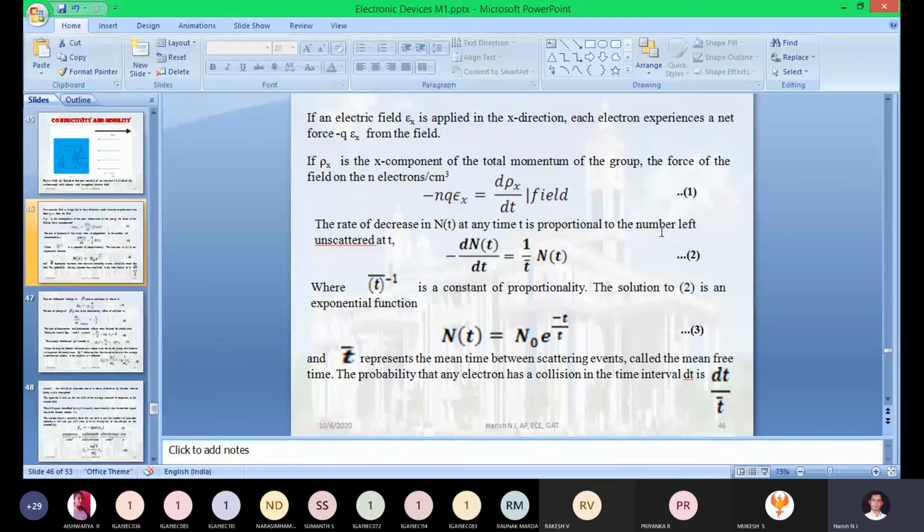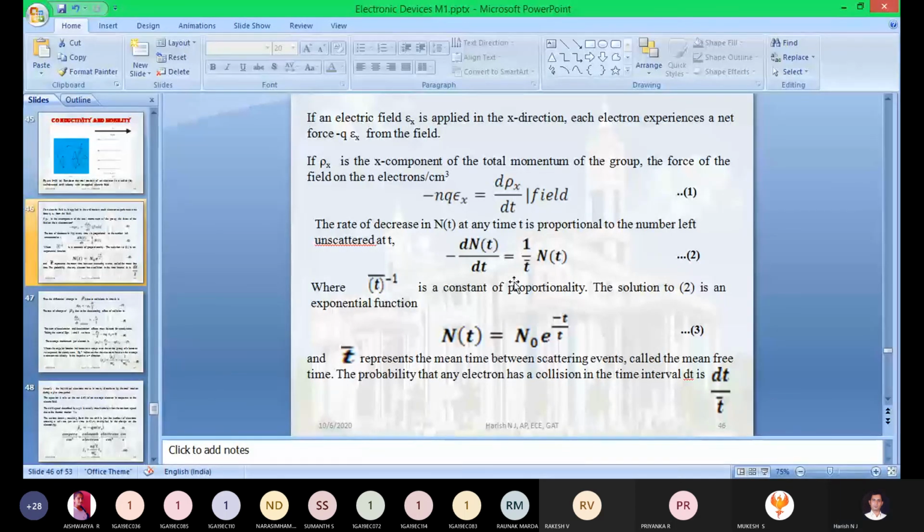For example, in conductivity and mobility, there are 15 to 17 equations, and all the 17 equations are different. But concept-wise, there is a link between equation number 1 and equation number 2.